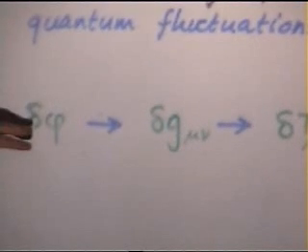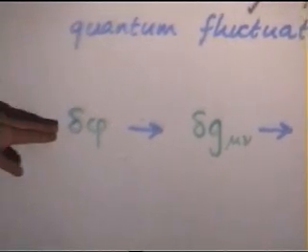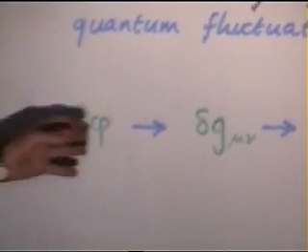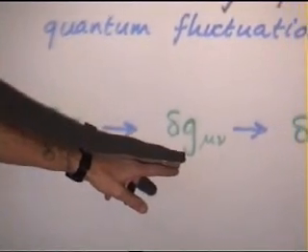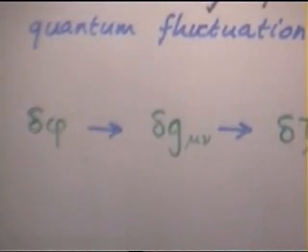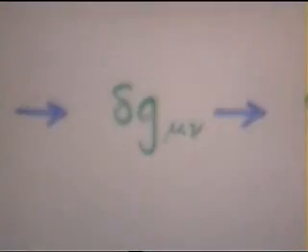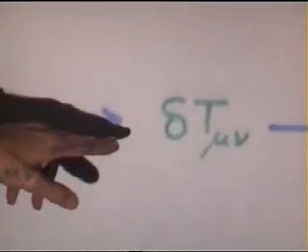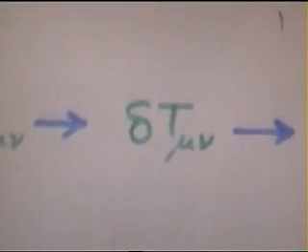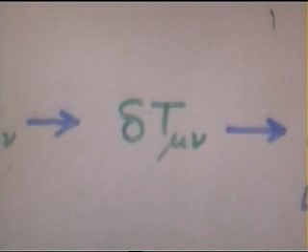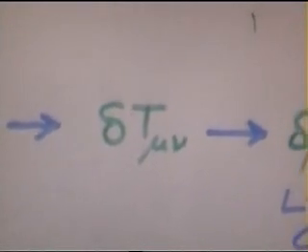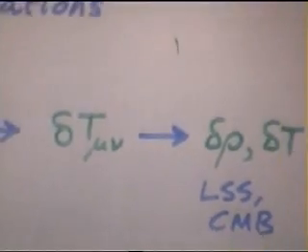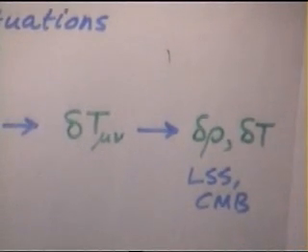So the basic idea here in the green symbols at the bottom, the fluctuations in the scalar field, which is driving the accelerated expansion, will be transferred into fluctuations in the metric, because if you mess around with the matter on the right-hand side of the field equations, you're going to affect the geometry on the left-hand side. And, of course, by the same token, through the Einstein field equations, these fluctuations will then be transferred to the energy-momentum tensor at later times, which is not just a scalar field, because we know we must end up with radiation and cold dark matter and baryons.